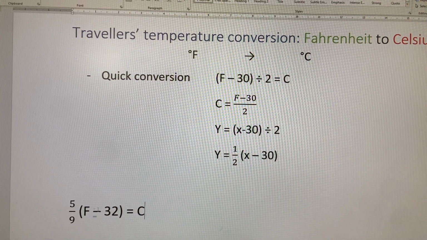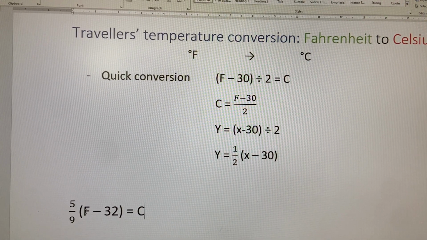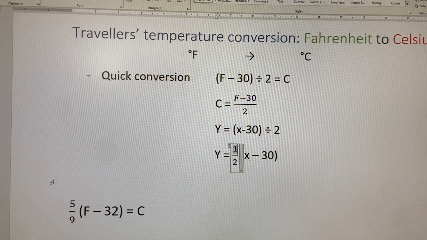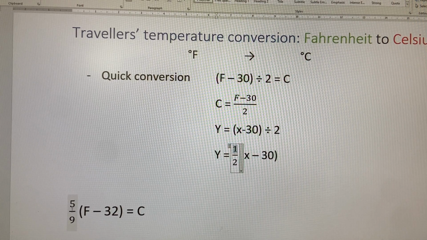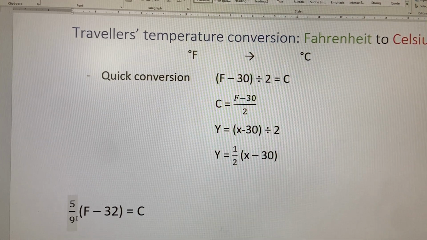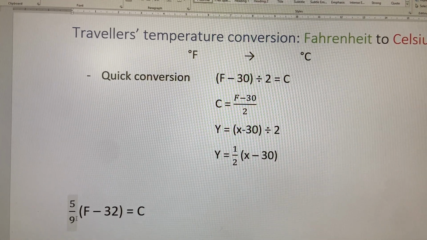The equation says subtract 32 instead of 30, and it's not divided by 2, and so this fraction is not 1 over 2 here, it's 5 over 9. I wanted to put this fraction in here because there is a fraction and it's 1 over 9, oh sorry, 5 over 9, not 1 over 2.